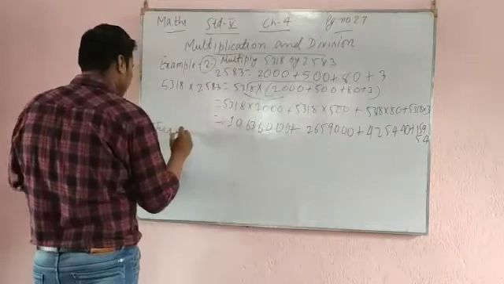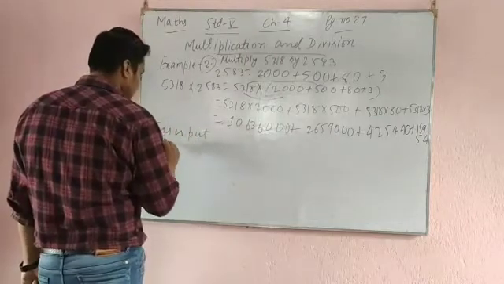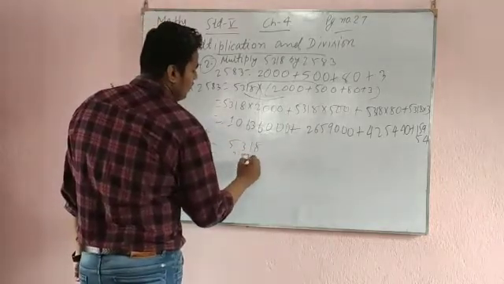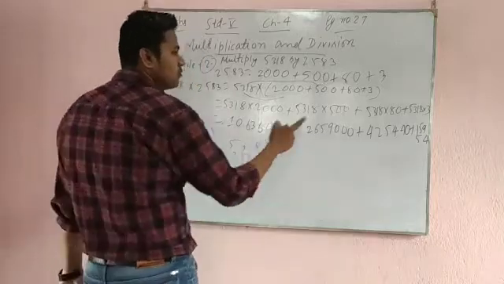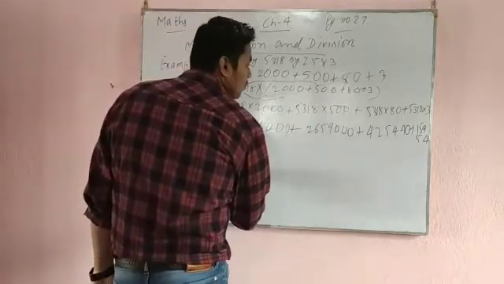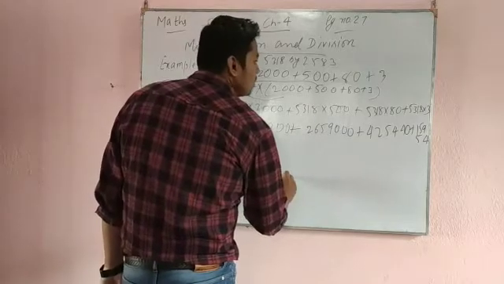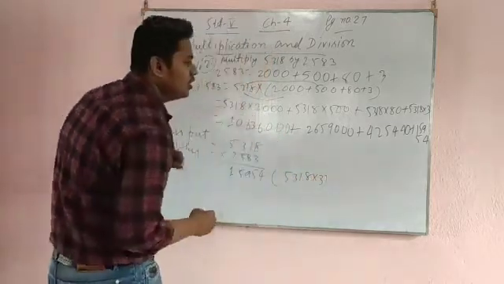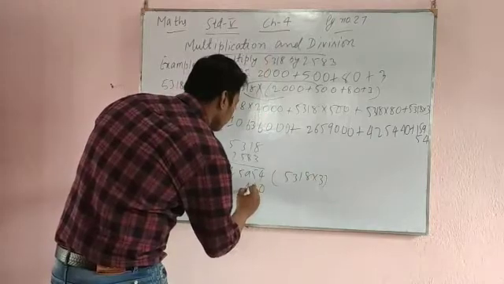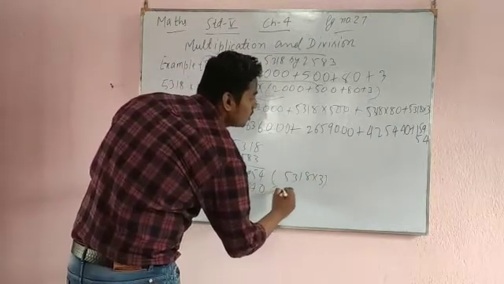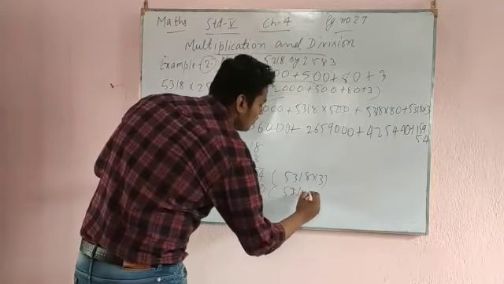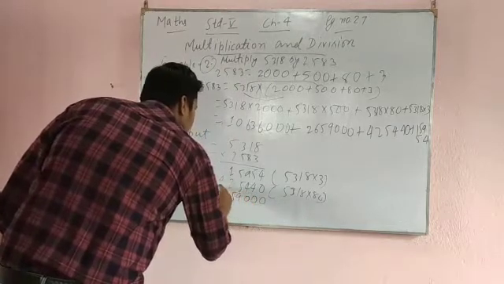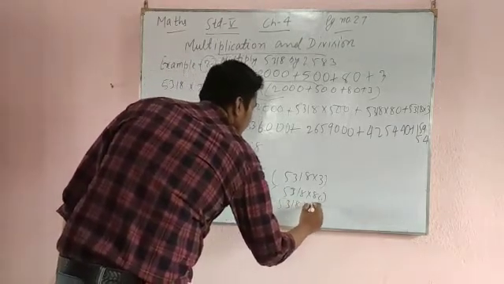Now we put it like this. First we multiply 5318 with 3, so we got 15954. Second we got 425440, which means 5318 into 80. Third, 2659000, which means 5318 into 500.